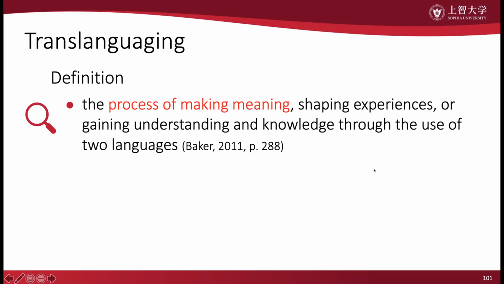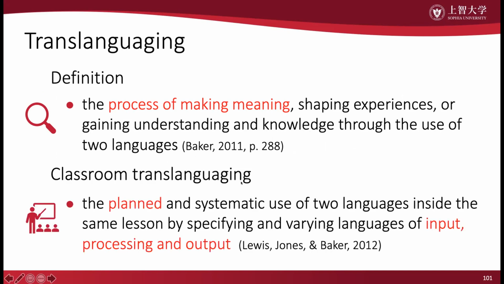And there's something called universal translanguaging, but for the purposes of this session, what we're talking about is classroom translanguaging. And classroom translanguaging has been defined as the planned and systematic use of two languages inside the same lesson by specifying and varying languages of input, processing, and output.